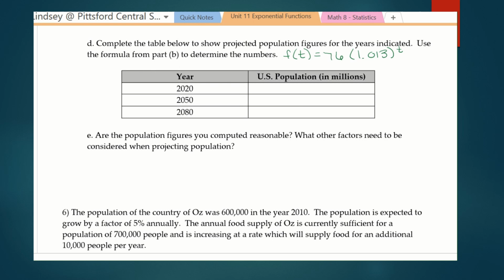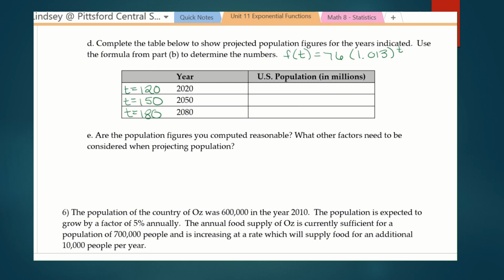And again, one more reminder for ourselves. In this formula, t represents the number of years since 1900. Okay, so if we're looking at the year 2020, this would give us a t value of 120, because 2020 is 120 years past the year 1900. 2050 is 150. 2080 is 180.